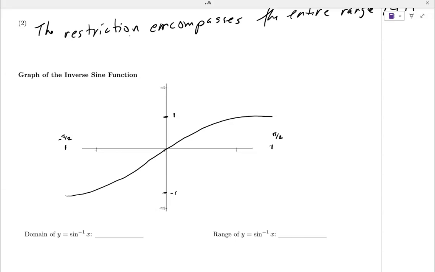Remember, again, to get the inverse graph, we flip along y equals x. So this is the point pi over 2, 1. That becomes the point 1, pi over 2. Let me put it in a different color so you can see. It'll be up here. This is the point negative pi over 2, negative 1.